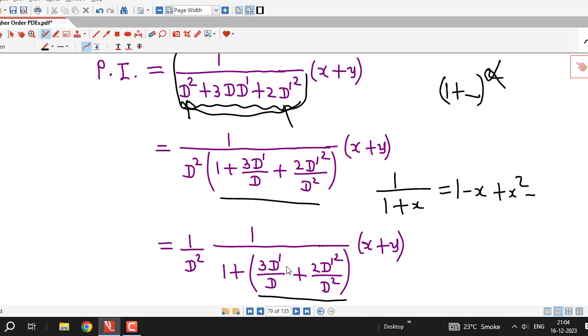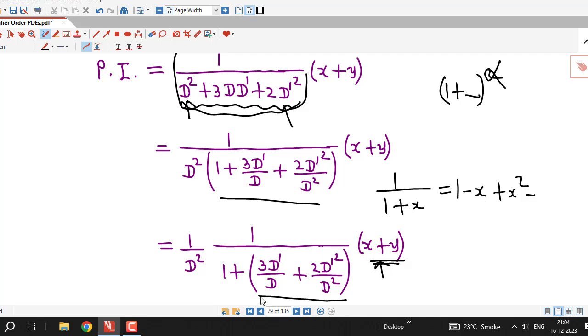Here we can see that the first numerator contains D dash, that is, we have to differentiate with respect to y. So suppose I am differentiating with respect to y, then the derivative is going to be 1. So the derivative of x plus y with respect to y partially is 1.